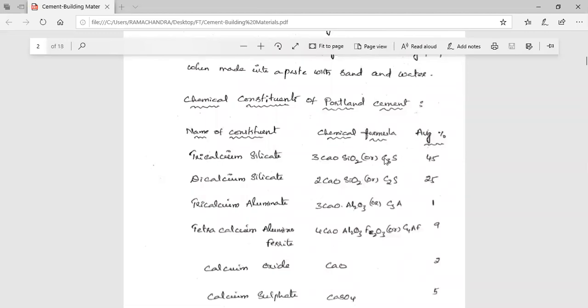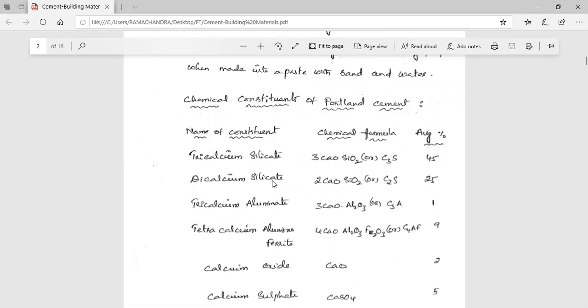C3 means tricalcium, S means silicate. The average composition in the cement is 45% tricalcium silicate present in the Portland cement.